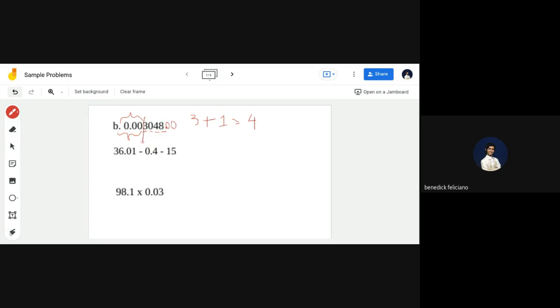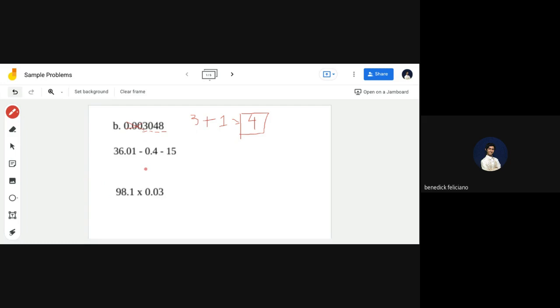The only thing that is not significant are the zeros on the left side. But if it is on the right side of a decimal, it is considered significant. Since there are no zeros here, but there are zeros here, these are not significant. Thus, our final answer is that we have 4 significant figures.